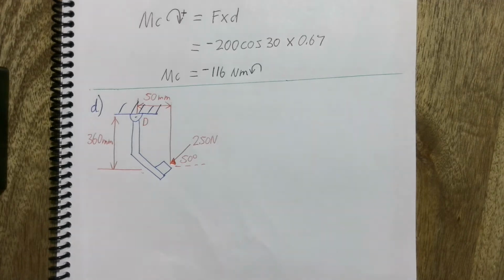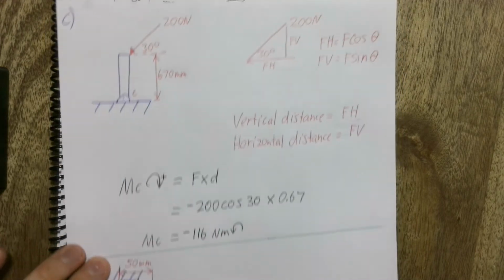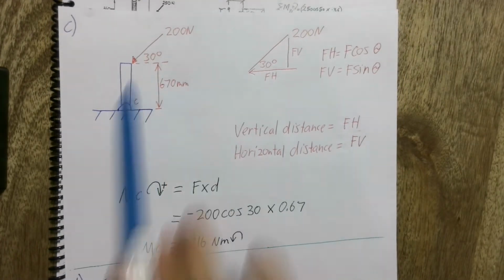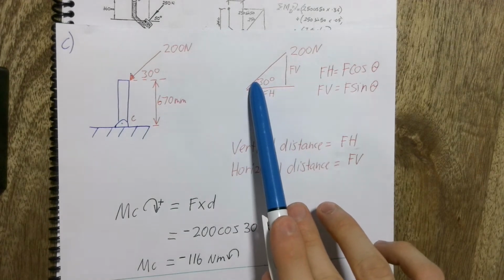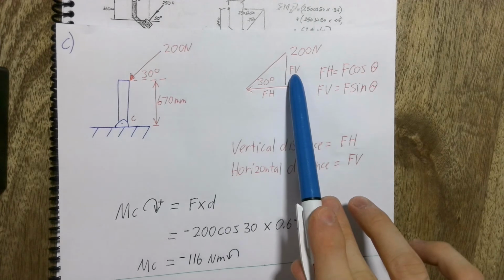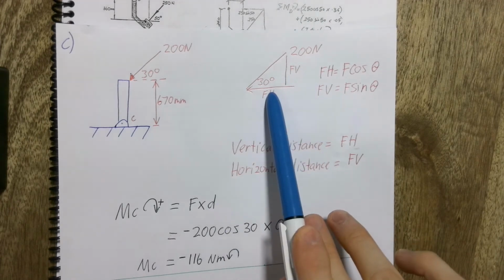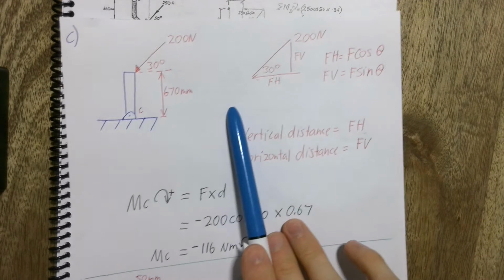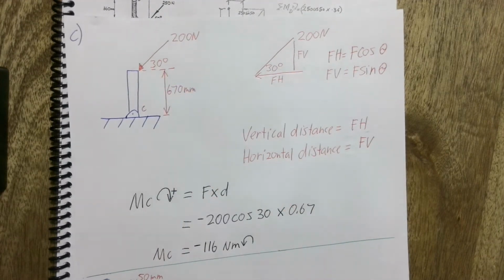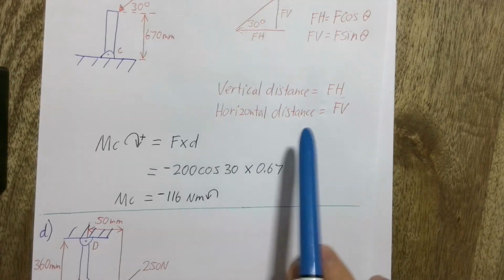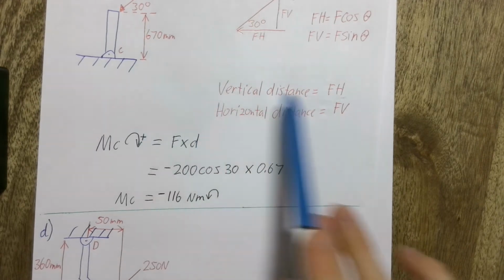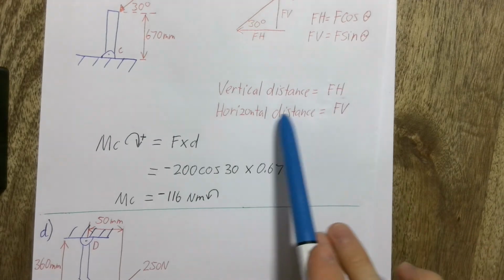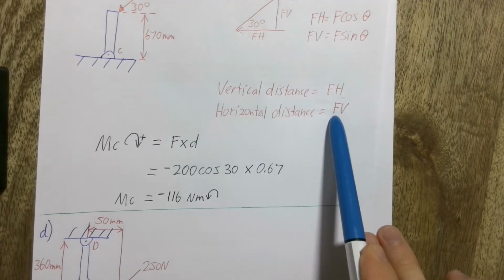Okay. So what have we learned from the question from C when we did our angled force before? We talked about how that's on an angle, and we could be finding a force vertical or a force horizontal depending on our distance direction. Now, as we talked about before, a vertical distance, which was the one above on question C, gave us a force horizontal. A horizontal distance gave us a force vertical.